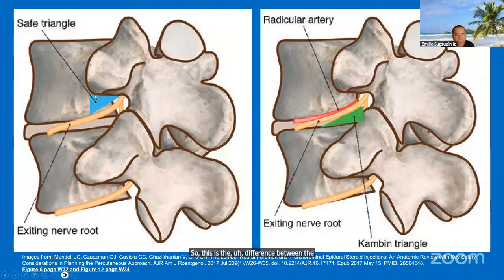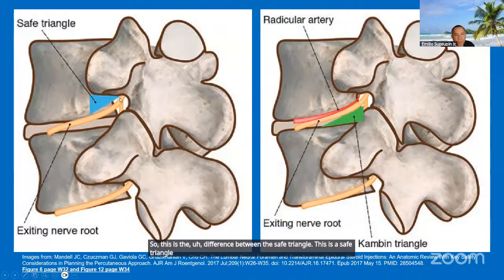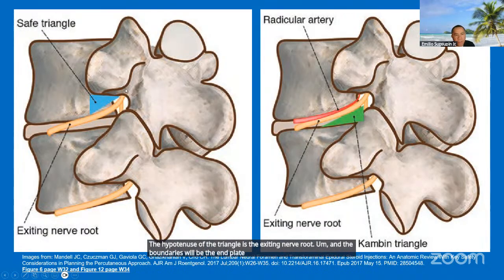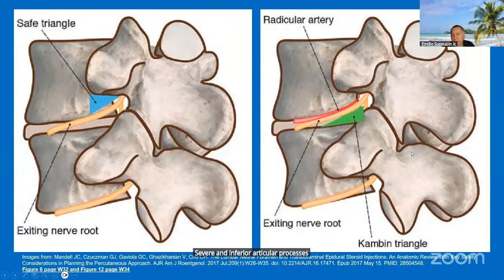This is the safe triangle, subpedicular approach. The hypotenuse of the triangle is the exiting nerve root, and the boundaries are the end plate and the superior and inferior articular processes. Here you can see the radicular artery and the exiting nerve root as the hypotenuse of the triangle.